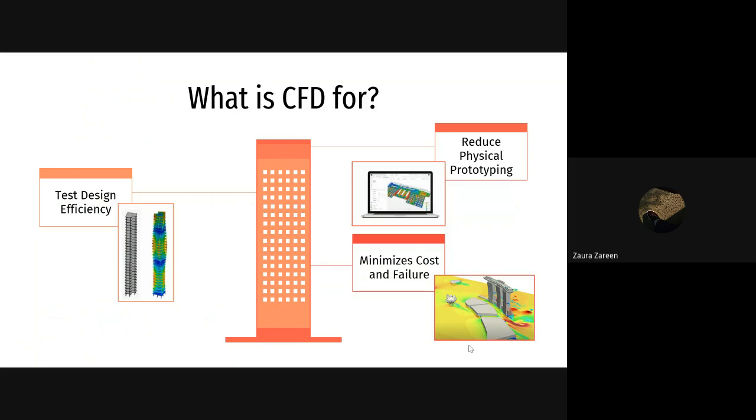So you don't have to have any expenses to make certain dioramas or little blocks to test out your building's structural integrity in general. Which leads us to the third point, which is minimizing cost and failures. Since you don't have any physical prototypes, you don't have to allocate money to test out your designs.